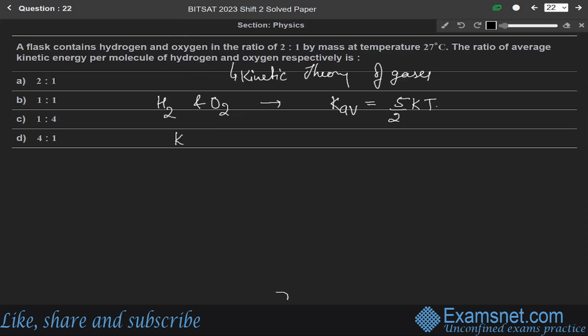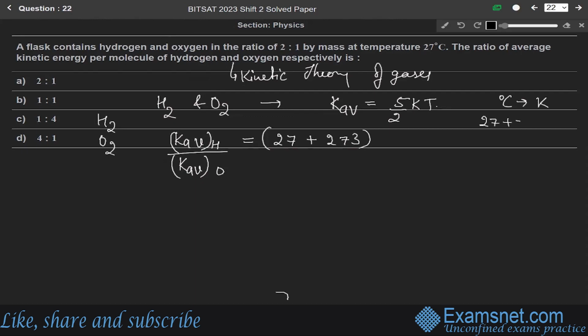So the average kinetic energy of hydrogen over that of oxygen, hydrogen means H2 and oxygen means O2, will be equal to what? So it will be 27 plus 273, converting this degree Celsius into Kelvin. So just add 27 plus 273.